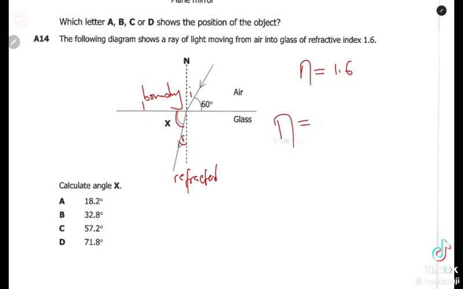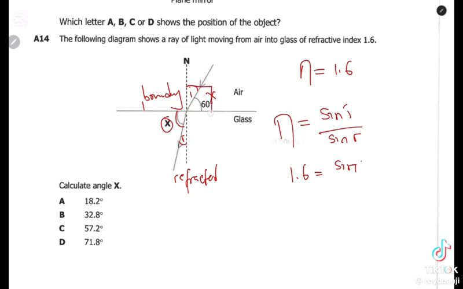To calculate this one, we are going to use this formula: refractive index is equal to sine i over sine r. We can only find this part if we find the angle of refraction, so we start by finding that. Refractive index 1.6 is equal to sine of the angle of incidence. The angle of incidence here is not this one, but this part.